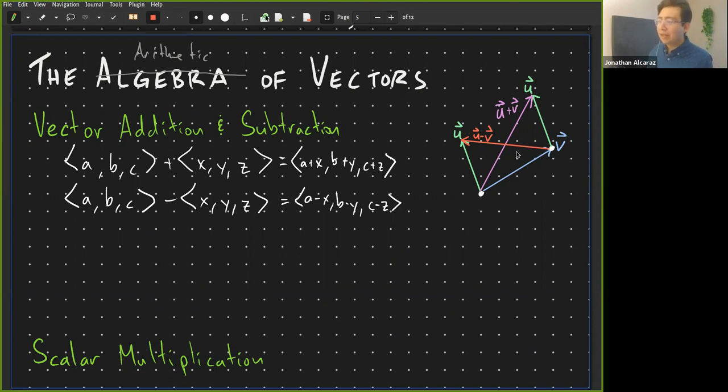Now, I think with u plus v, people tend to get it because u plus v and v plus u are the same. But some people are already in the chat asking, how do I know which way the vector goes? Like, once I make this cut here, how do I know I don't go the opposite direction? How do I know I don't go from here to here? u minus v always goes from v to u.